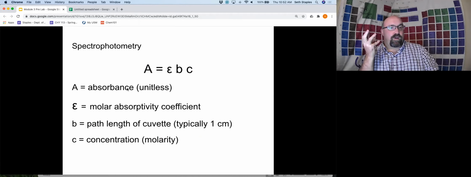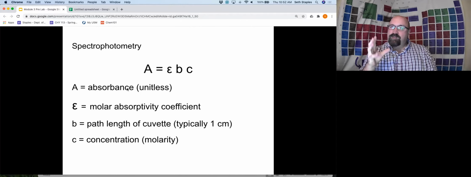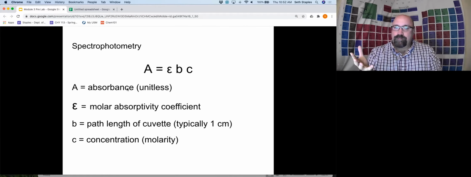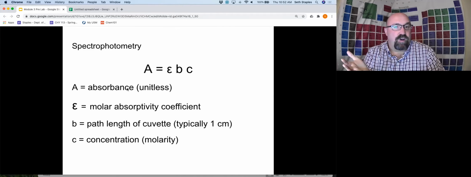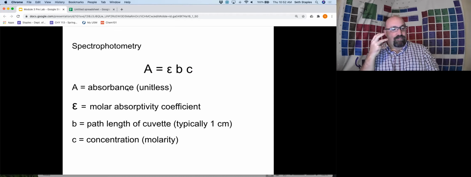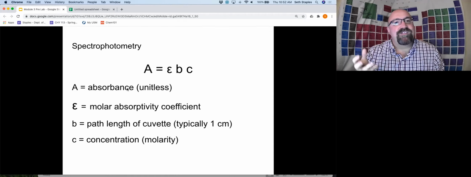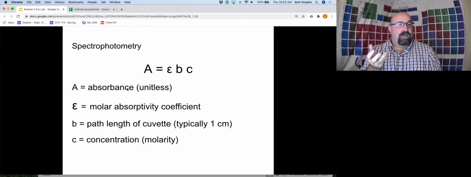So when we look at all of these different values, A, again, is just our absorbance. So that's how much of our light is absorbed by our sample. And that is unitless because it is based on just a ratio. Epsilon is what we call the molar absorptivity coefficient, sometimes called the molar extinction coefficient or just extinction coefficient. And that is a physical property. The molar absorptivity is a physical property of whatever substance it is that we're actually looking at.